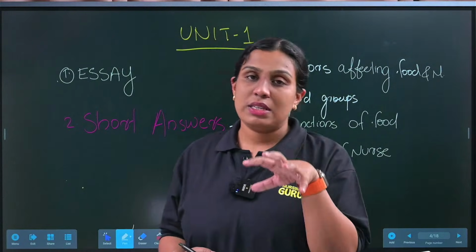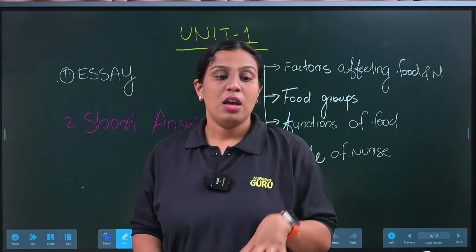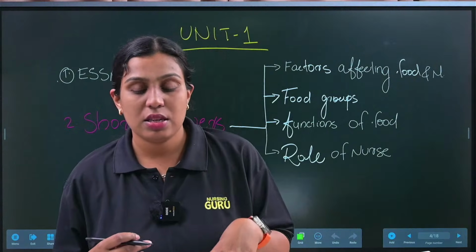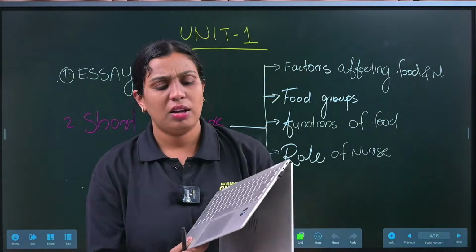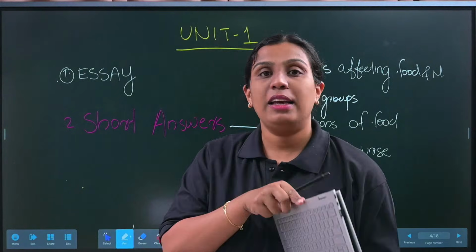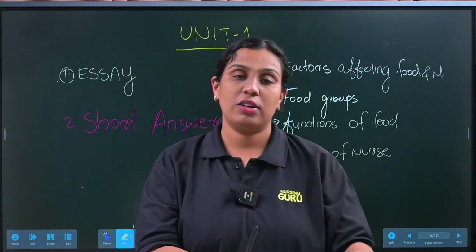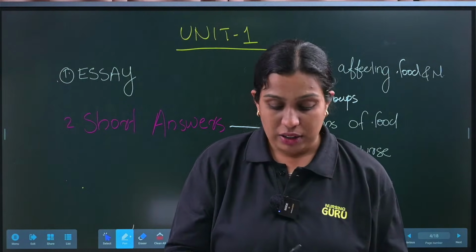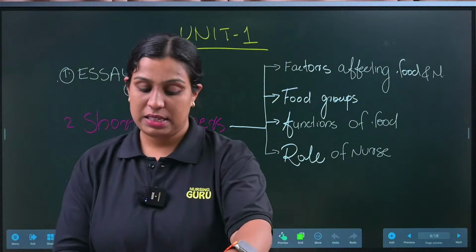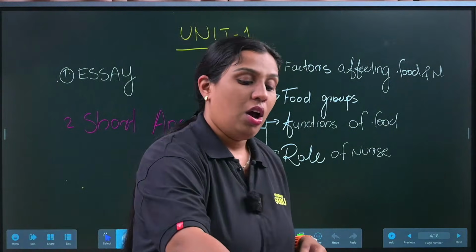As per our syllabus, they are giving essay questions and short answer questions, and very short answer questions we can expect from this region. But as per the blueprint, they are telling that we can expect a one mark question. Clear? Alright.